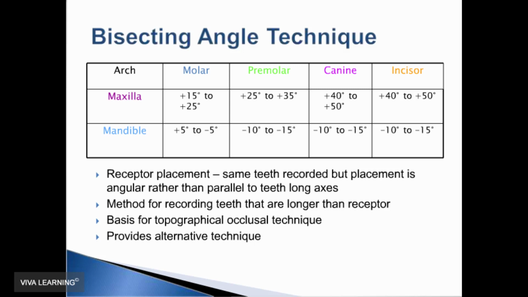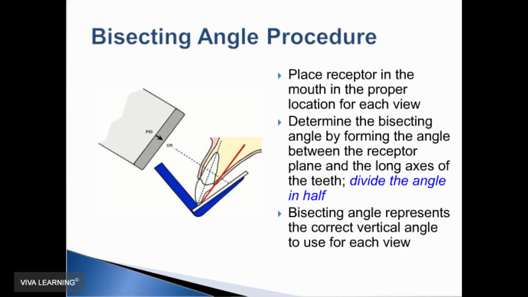Bisecting angle does at least provide you with an alternative if you can't get the receptor parallel to the teeth, and there are certainly instances where I have had to use this on patients, and we'll see some examples of situations where that might be necessary.